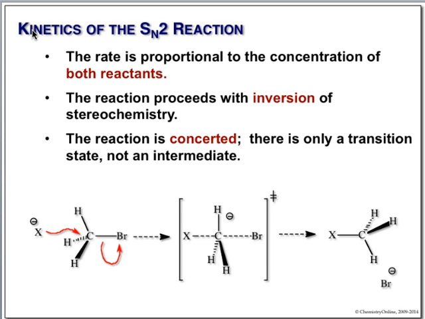So make sure you review that. And third, the reaction is deemed concerted. When we say the word concerted, what that means is simply that we do not have an intermediate. We only have a transition state, and everything happens all at once. Any questions?